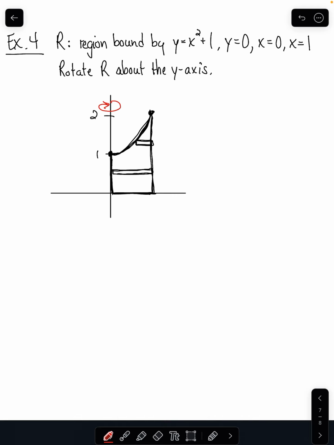When the rectangle is drawn higher up here, we will have a washer situation. When it is drawn further down, we will have a disk situation.